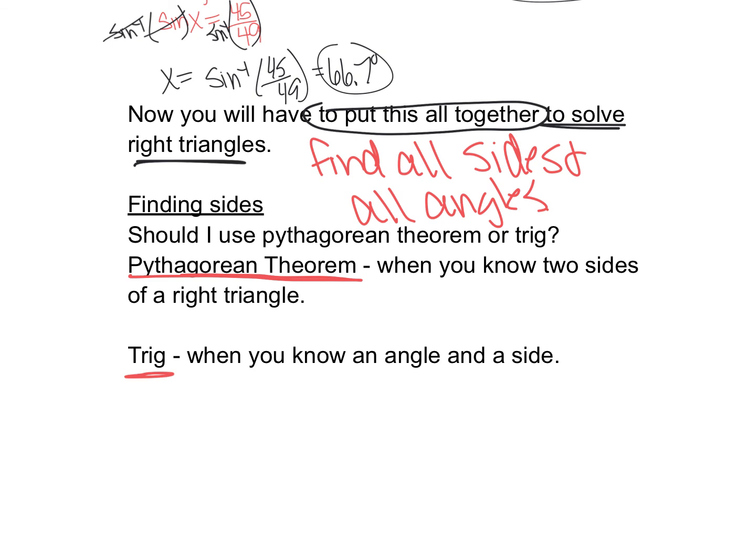The Pythagorean theorem you can use when you know two sides of a right triangle. You know A and B, or you know A and C. And then trig, you're going to use that when you know an angle and a side. So if you don't know two sides, you have to use trig in order to find the side length.